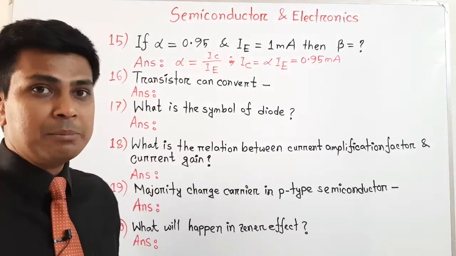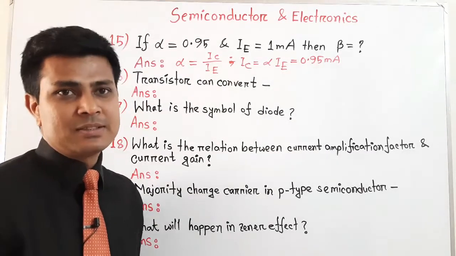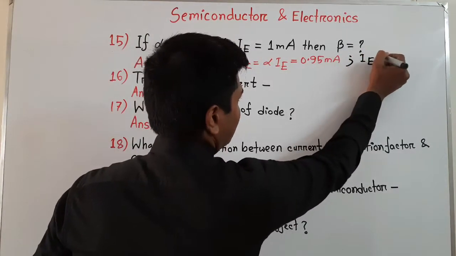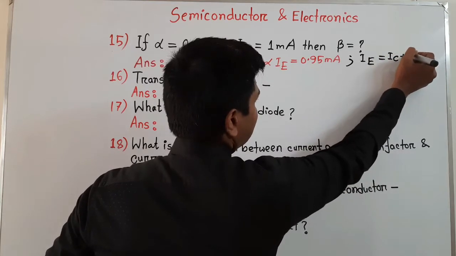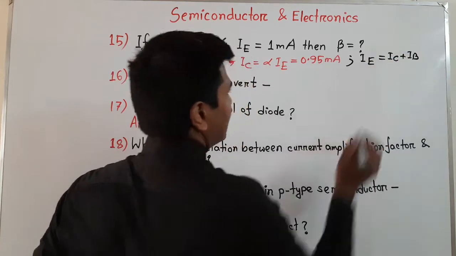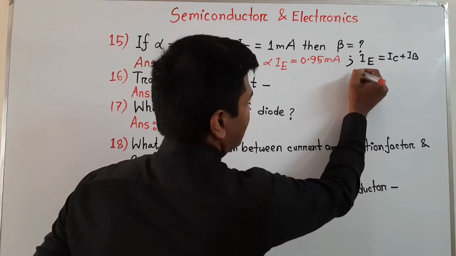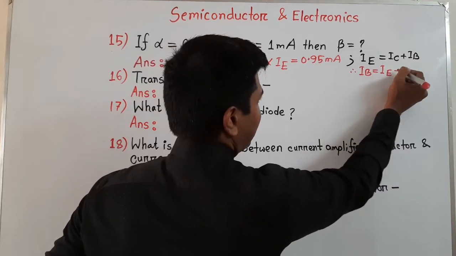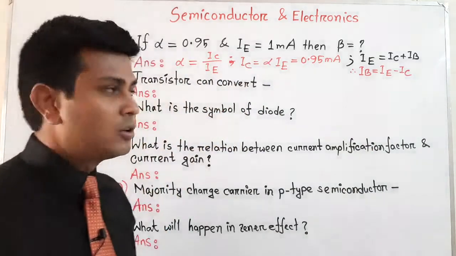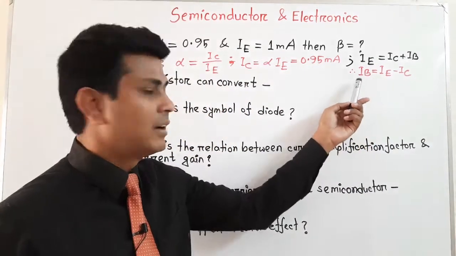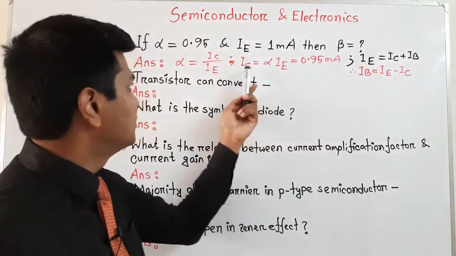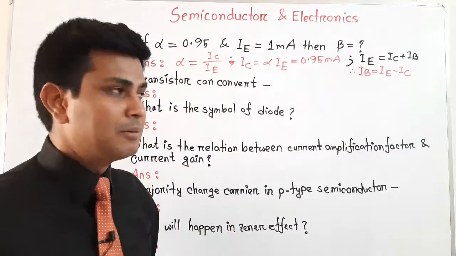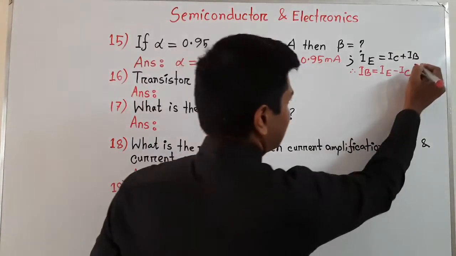Now by the formula of emitter current, IE equals IC plus IB, we can calculate IB equals IE minus IC. Now if we put the values of IE and IC, we can get the base current. Here the emitter current is 1 milliampere and the collector current we have already calculated is 0.95 milliampere. So after subtracting these two values, we get the base current.